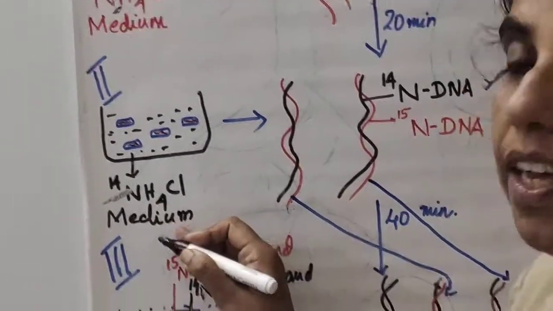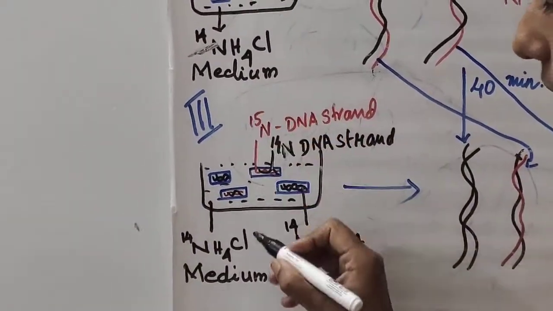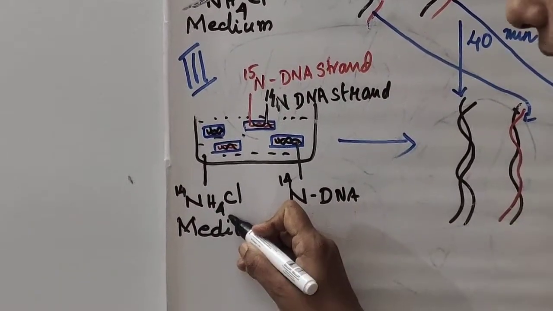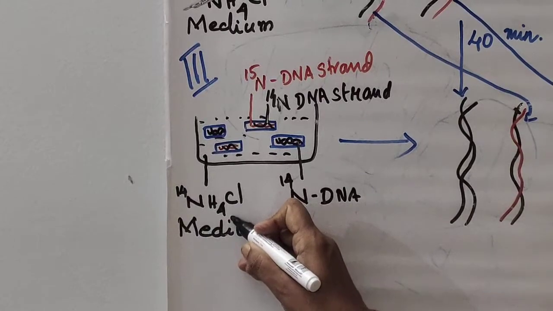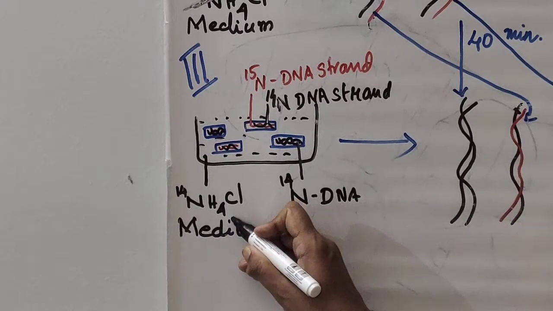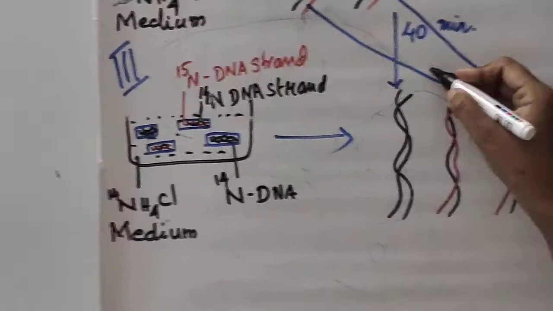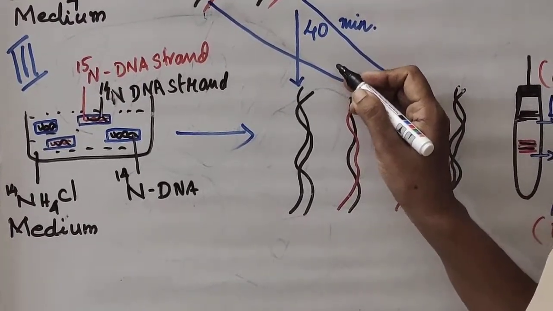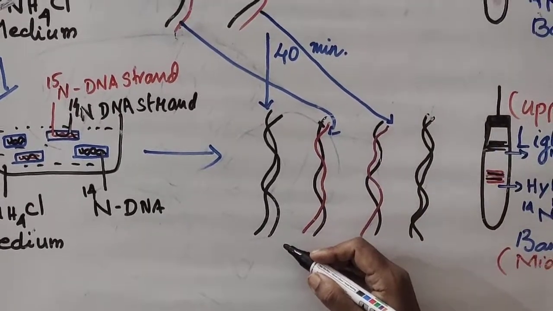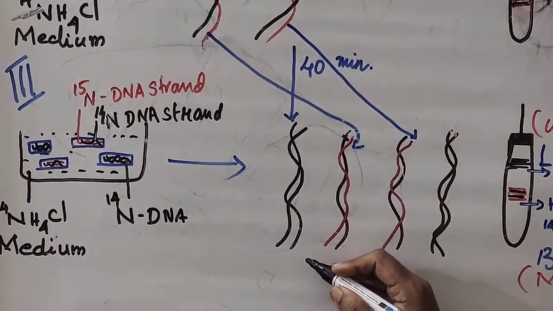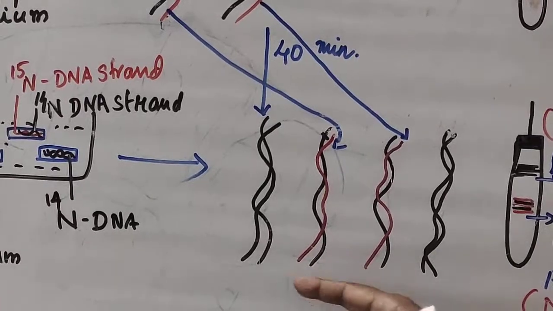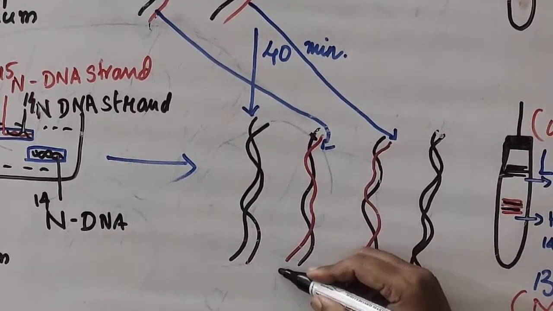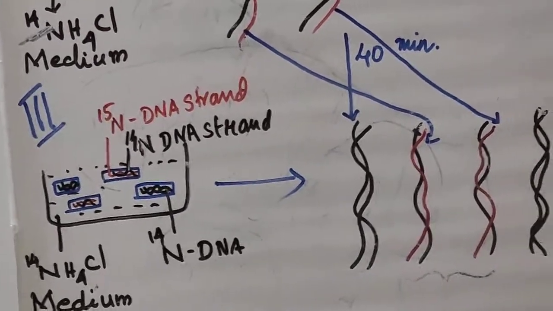Now they again retained the same N14. They added only ammonium chloride with N14, no more N15. When another 20 minutes had passed, that is 40 minutes in total, they could see that the E. coli continued its multiplication, and they could see 4 DNA molecules.